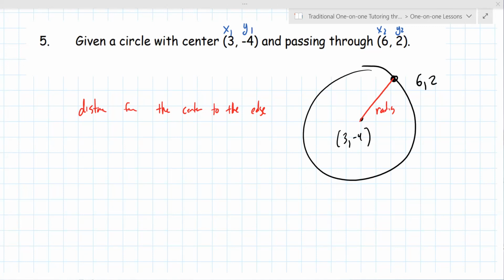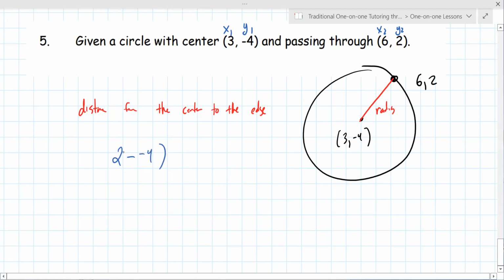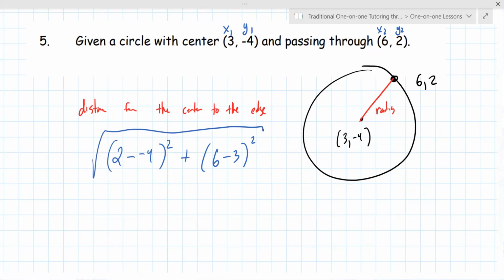What about the square root and squaring? (2 minus minus 4) squared plus (6 minus 3) squared. You have to do all of this, Sourish. Without the square, you will not get it right. You have to square it.